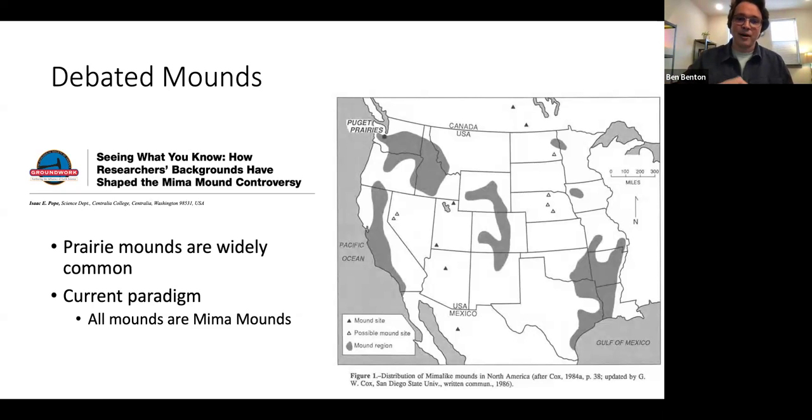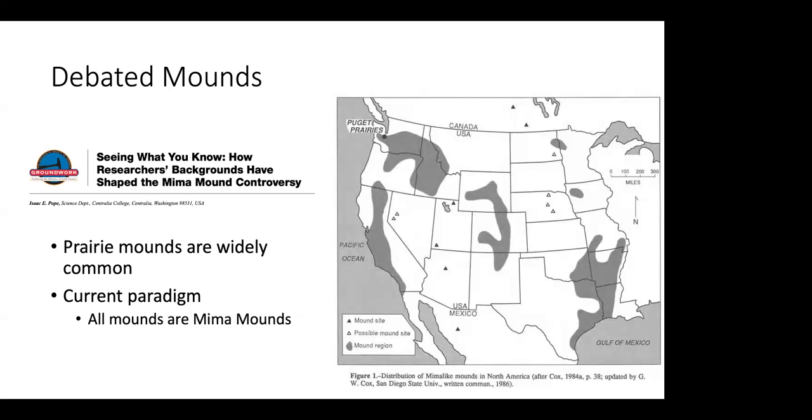But this is a map of prairie mounds across North America, and so it includes what I would consider pimple mounds here in Missouri, Oklahoma, Arkansas, Louisiana, and Texas. So that's a pretty general map, and it's the only one I know of. I'm not sure exactly how accurate it is.